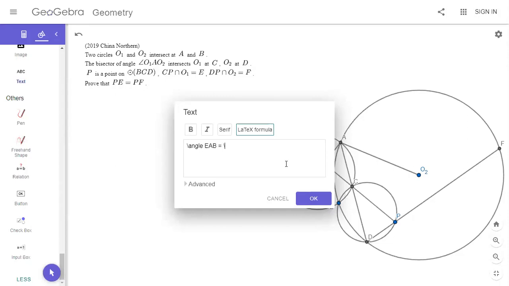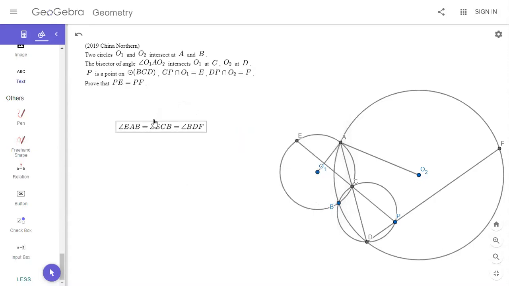So angle EAB is equal to angle ECB, which is equal to angle BDF. Just a sec, let me check that that's right.